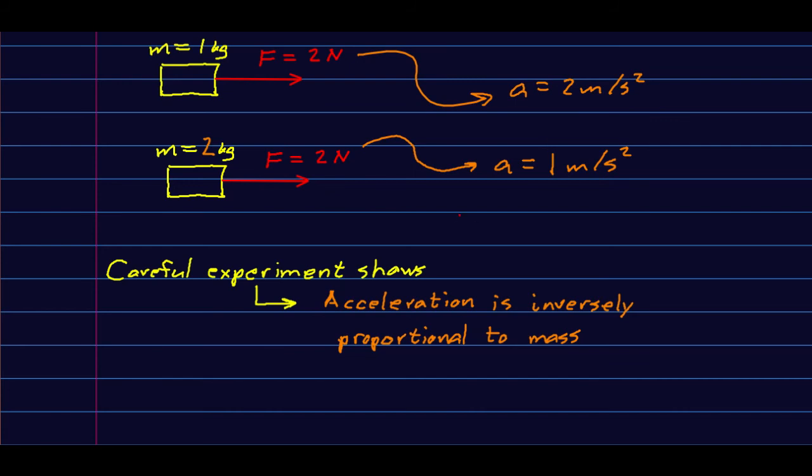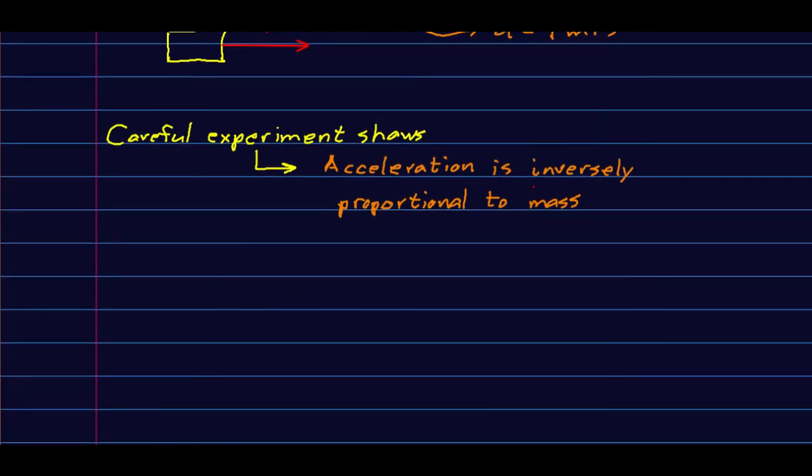Now, it takes a more careful experiment to show that the acceleration is inversely proportional to the mass. Well, what does inversely proportional mean? It means that when you increase the mass by some factor, then this leads to a decrease in the acceleration by the same factor.